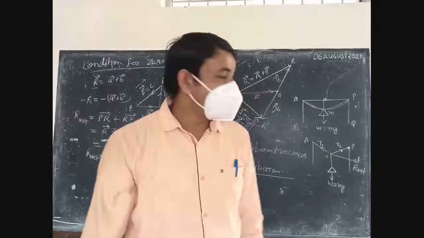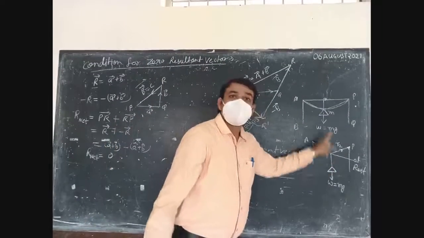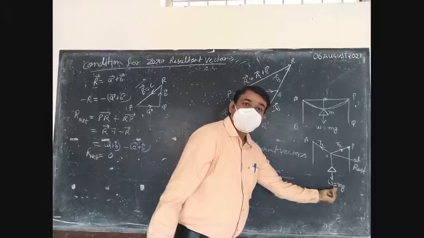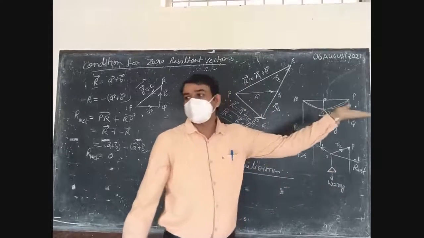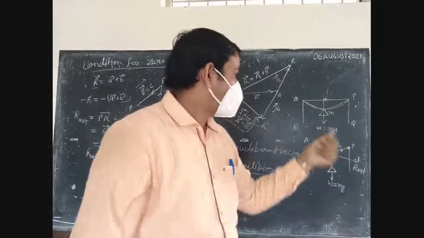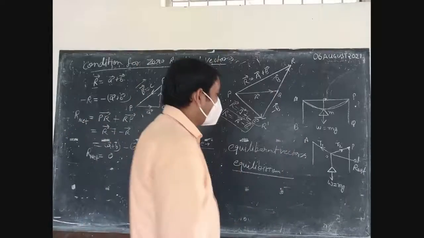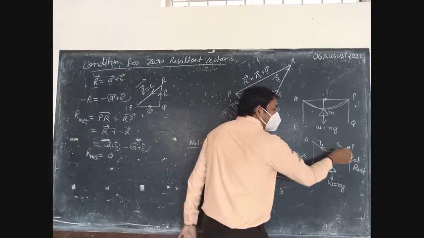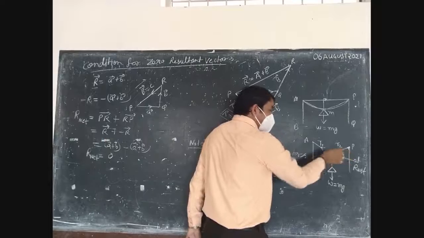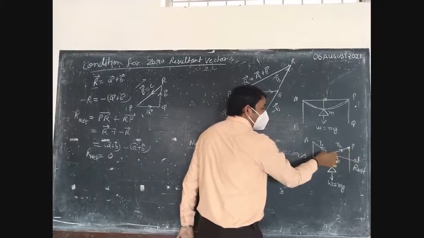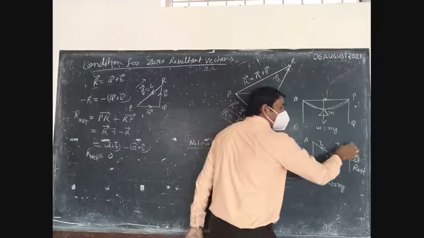Which means now there is no depression or no expression. Neither is it going down nor going up. Then we find the two tensions appeared in the stretchy rope. One is T1 and another is T2.